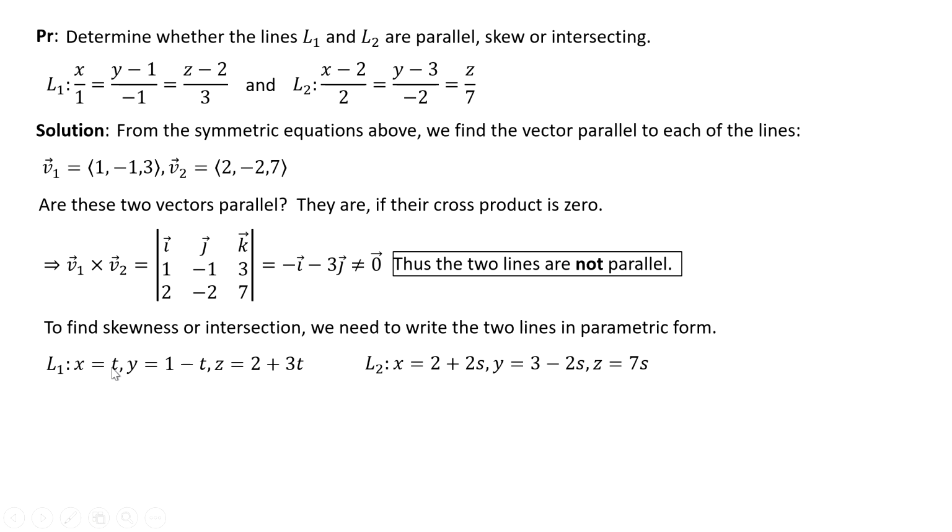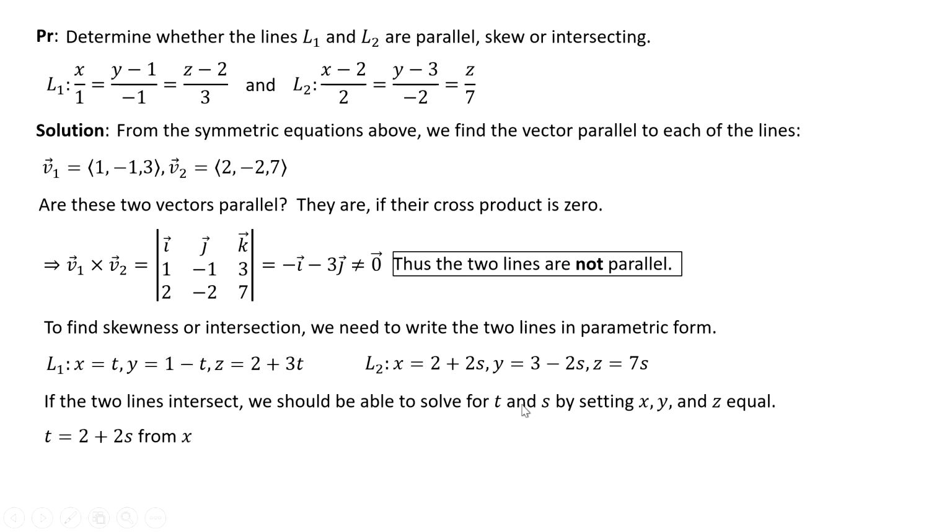That gives us a relationship between t and s. Check this out. By recognizing that this x coordinate on the first line is the same as the x coordinate of the second line, we get a relationship between t and s.